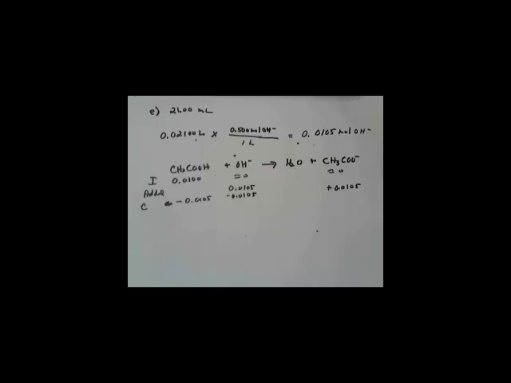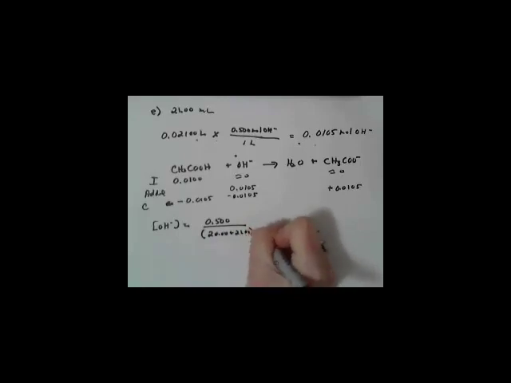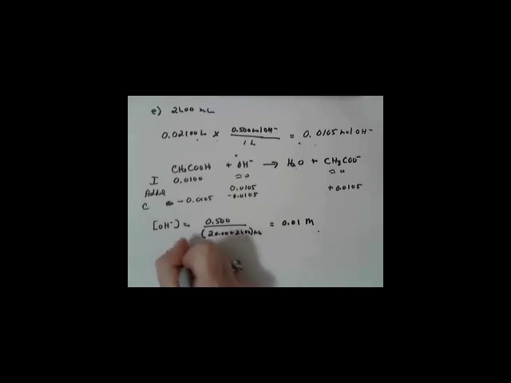So our hydroxide ion concentration is going to be simply this: the 0.0105 moles over the total volume. So that's 20 milliliters plus 21 milliliters, and that's going to give us 0.01 molar in hydroxide ion. From here we can calculate the pOH.